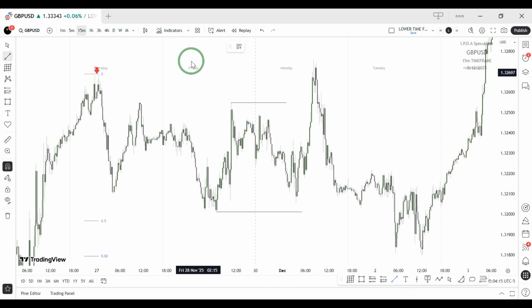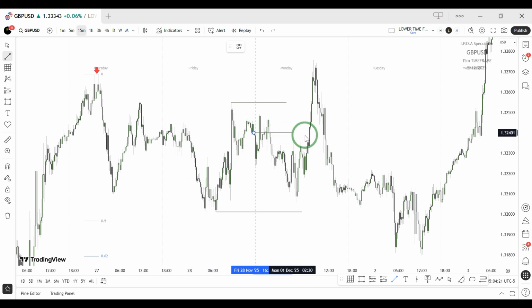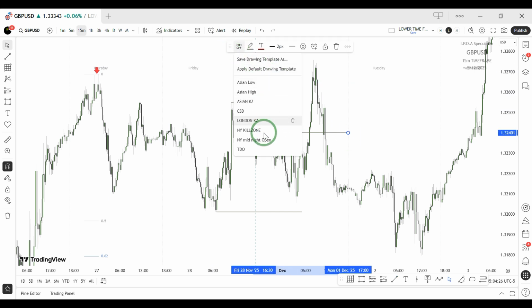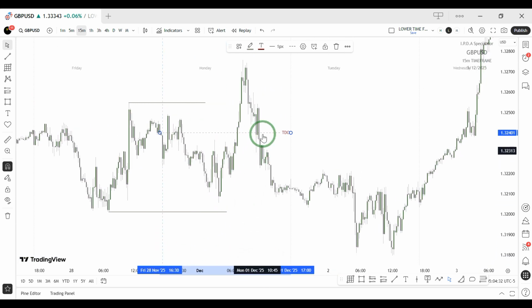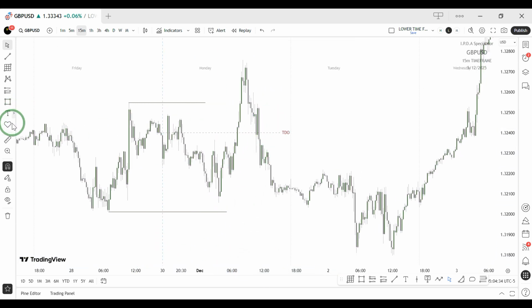After having the previous day's low as a point of reference, I then have the New York true daily candle open there. That is the true daily candle open, and above it is premium, below it is discount.